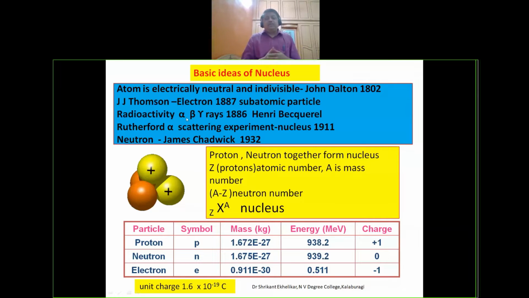Further discussion of nuclear physics started with the process of spontaneous radioactivity. Naturally, Becquerel discovered that alpha, beta, gamma rays are emitted, almost simultaneously: alpha particles are positively charged, beta particles are negatively charged, gamma rays are electromagnetic radiations.